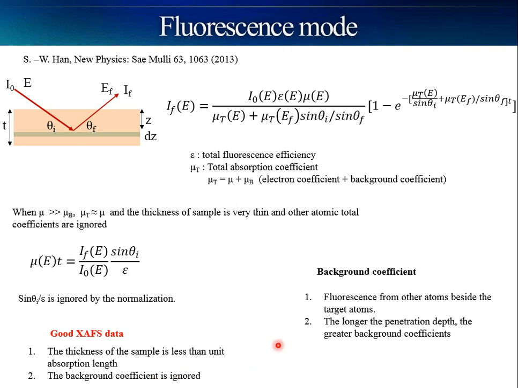The background coefficient is the fluorescence from other atoms besides the target atoms. So the longer the penetration depth, the greater the background coefficient. So we must consider the thickness of the sample in fluorescence mode also.